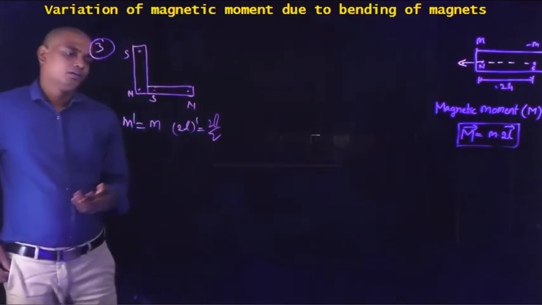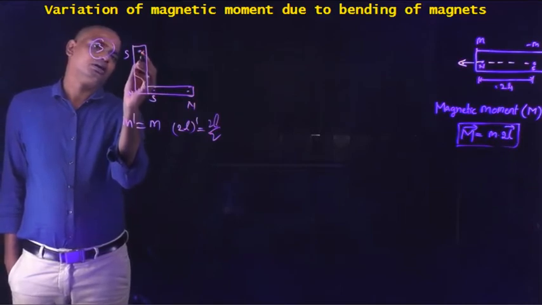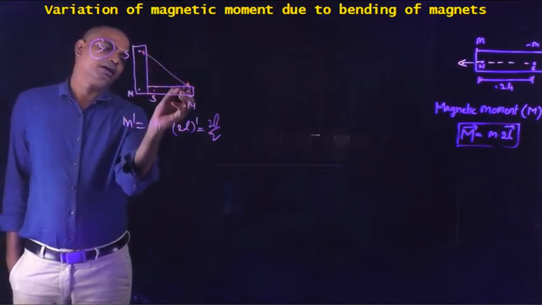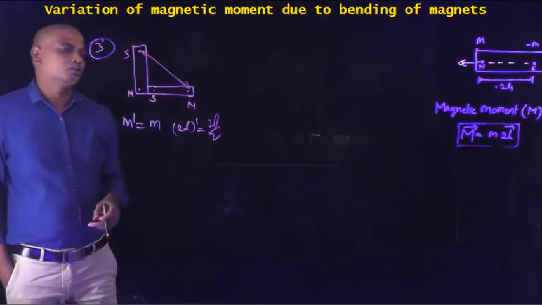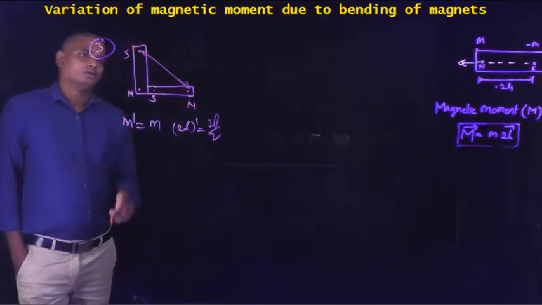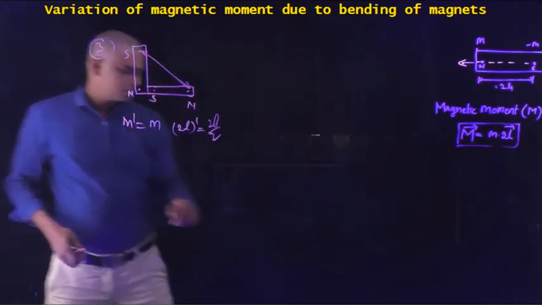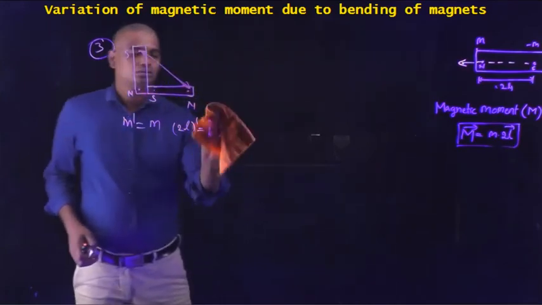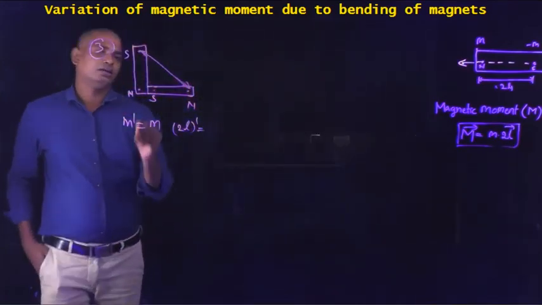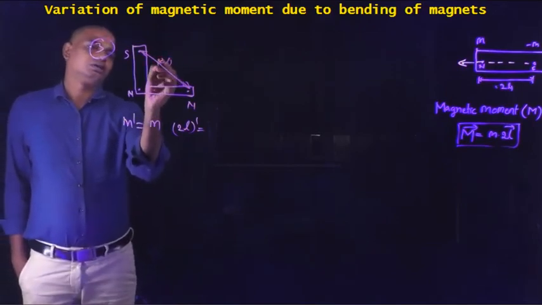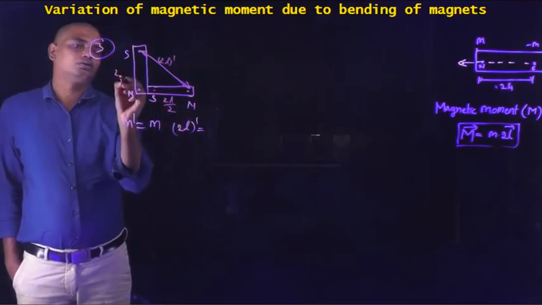So for the new magnetic moment, we need to calculate the pole strength and the magnetic length for the resultant magnet, with the south pole and the north pole for the resultant magnet. So that is 2l dash, sorry, it's a mistake. By using the second method we need to calculate, right? So 2l dash, here the arm lengths are 2l by 2 and 2l by 2.